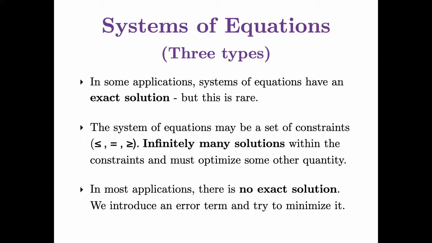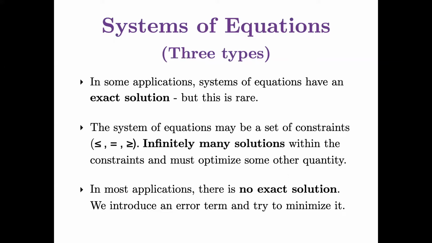And so when you have that type of system where you're looking at a set of constraints, there's often infinitely many solutions within those constraints. And so your goal is to look within the constraints to find some optimal solution where you're trying to optimize some other quantity like profit.